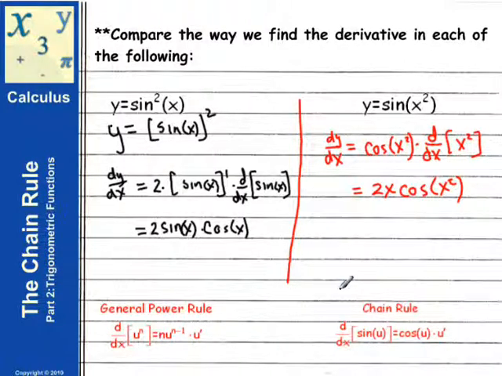So our final answer here is 2x times the cosine of x squared. Once again, different functions, different approaches, of course different results.